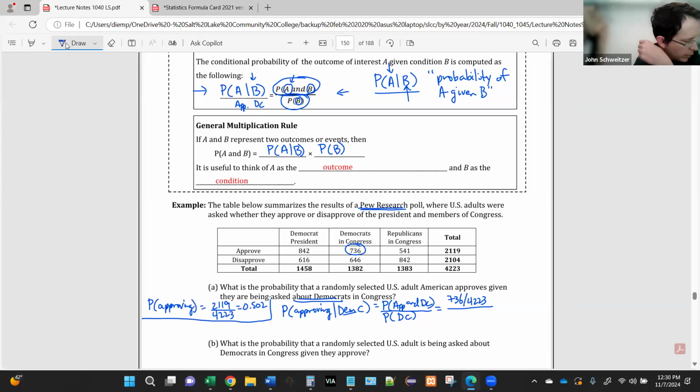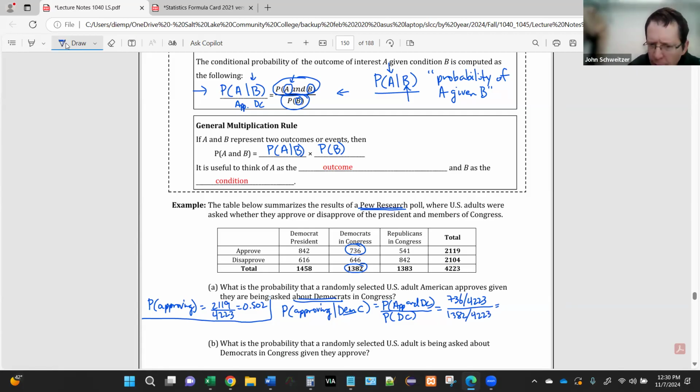How many of those are there? Well, there are 1,382. So the probability of being asked about Democrats in Congress is 1,382 out of 4,223.